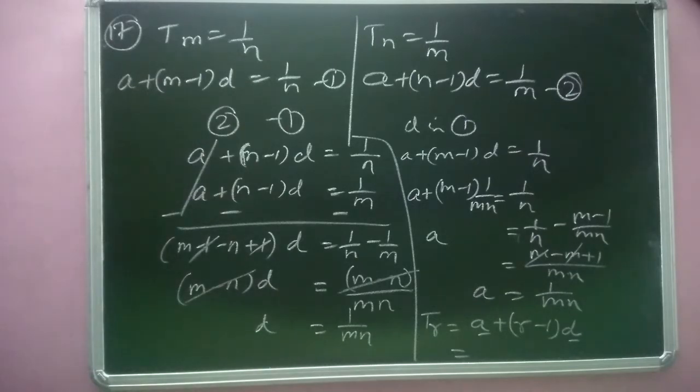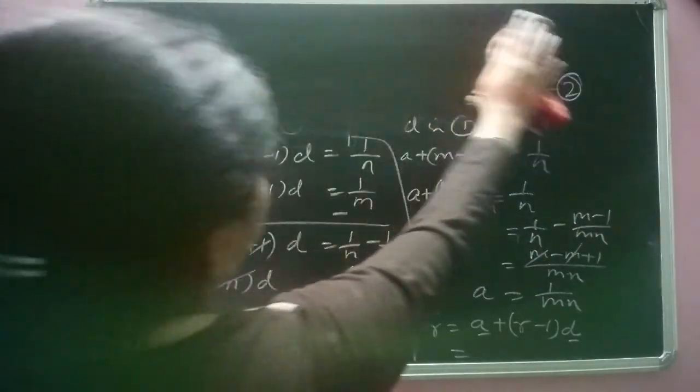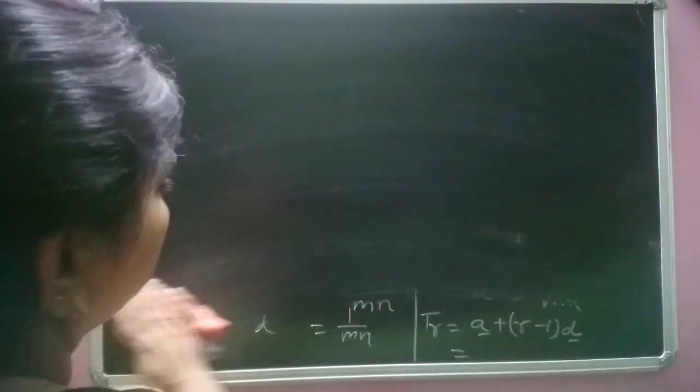And one last question. Again, a condition is given to you that the (p plus 1)th term is twice the (q plus 1)th term.